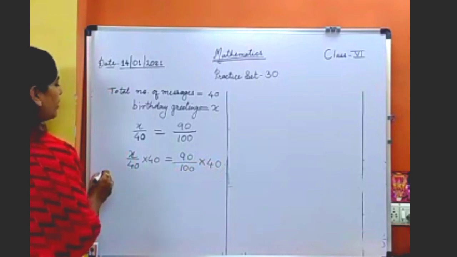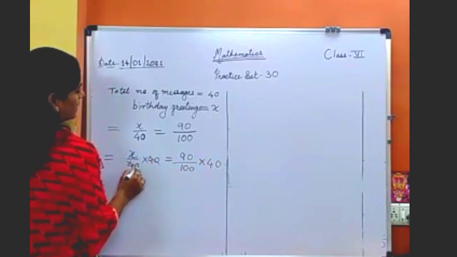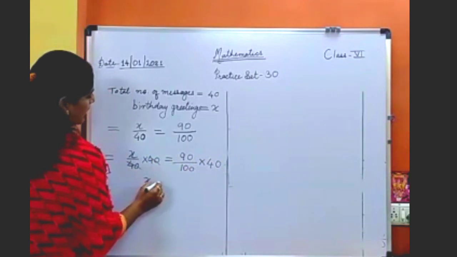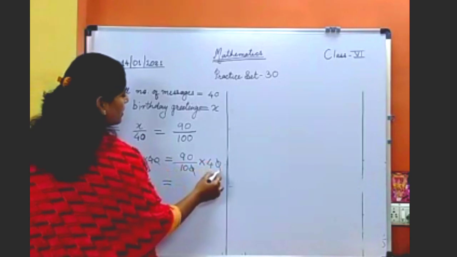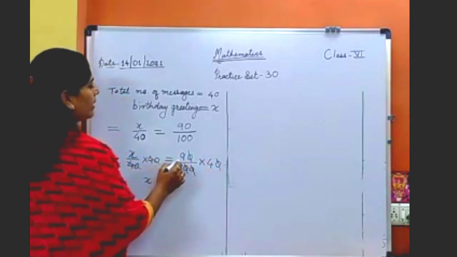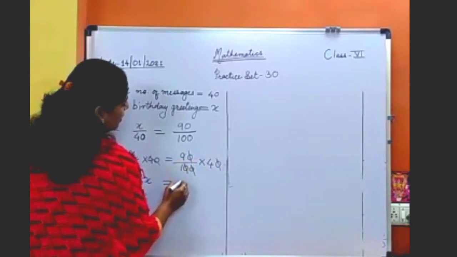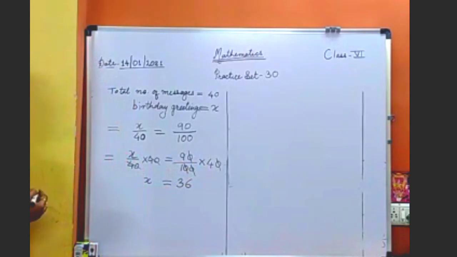Okay. See the equation. Cut the 40. On the left hand side we are having X. Let us cut this 0. 0 by 0. Okay. Then 9 4s are 36. So what will be the answer?